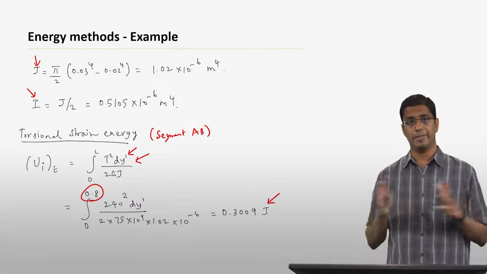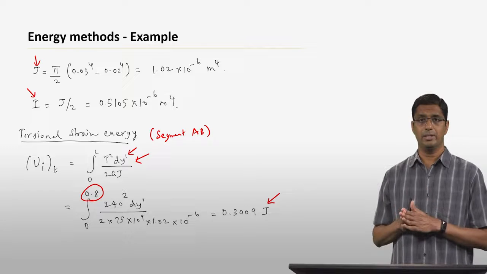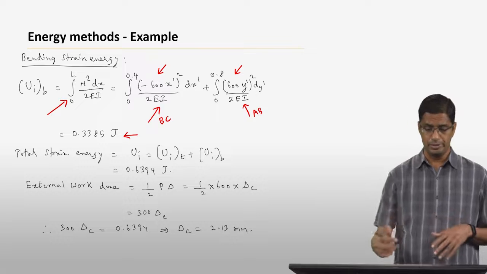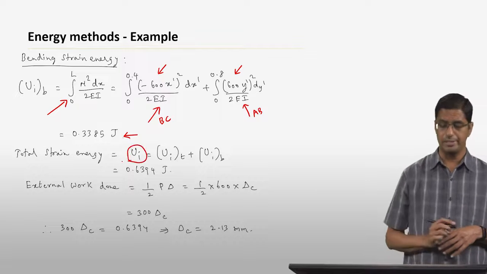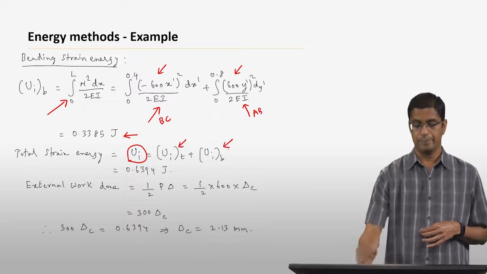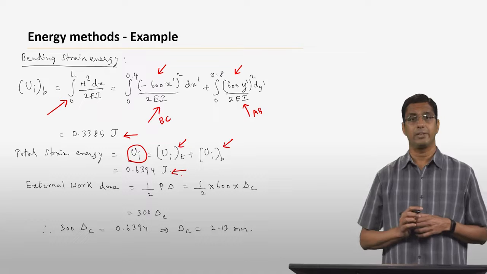So essentially, we have calculated the strain energy both due to bending as well as torsion. Now we have to add them up to find out the total strain energy. So Ui, which is the total strain energy, is Ui due to torsion plus Ui due to bending. And that sum turns out to be 0.6394 joules.